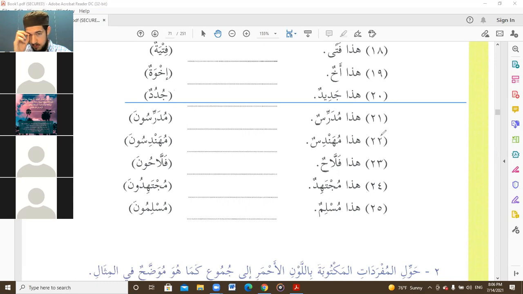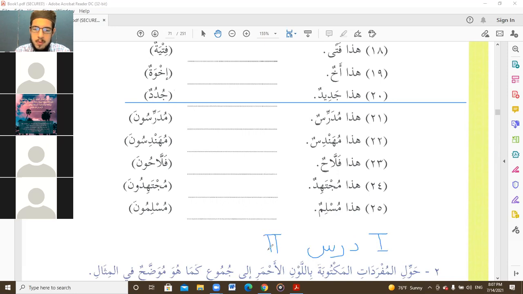هذا مدرس, sorry. هؤلاء مدرسون. Fantastic. Yeah, mudarrisuna. And just a quick recap of our morphology lessons. Form 1 verb is darasa, which means to study. All right.